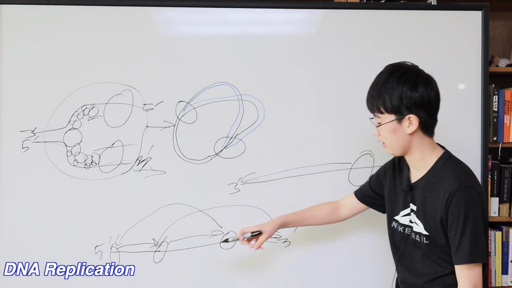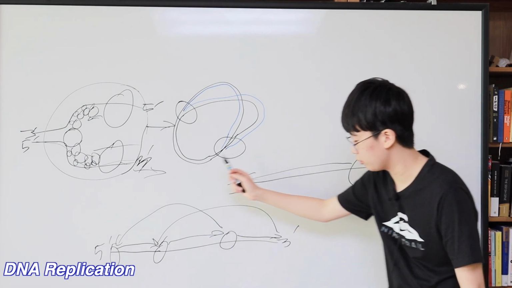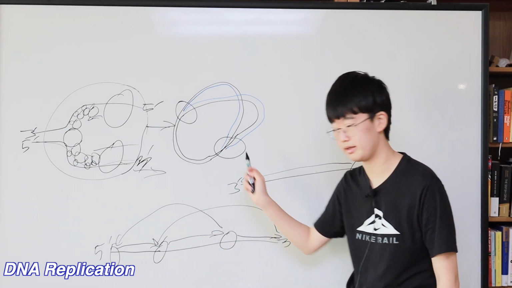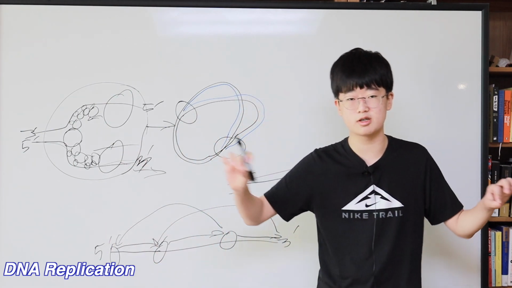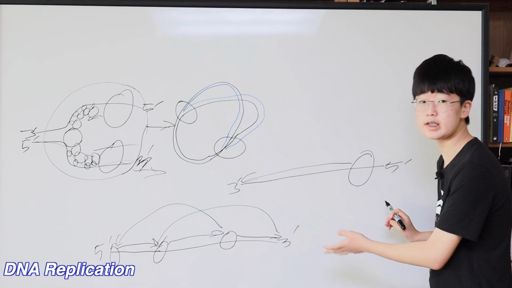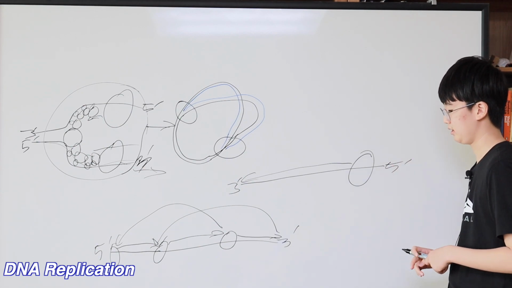So it replicates, goes back, replicates, and then goes back, and then replicates again, and this keeps on happening, and we call this the lagging strand.